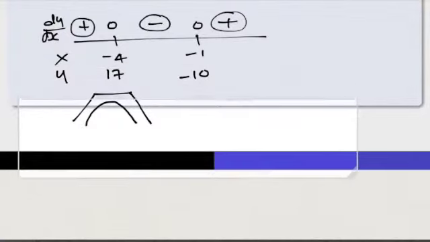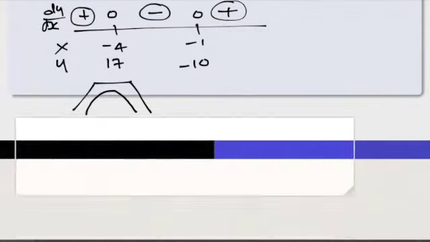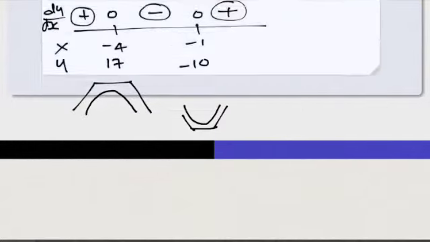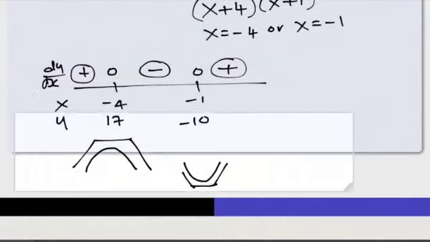And at -1 the gradient is negative to the left of -1. At -1 the gradient is 0, to the right of -1 the gradient's positive, so it's a minimum at -1.